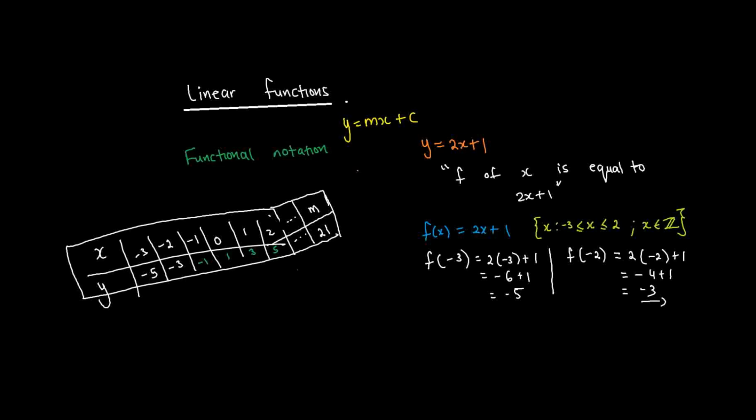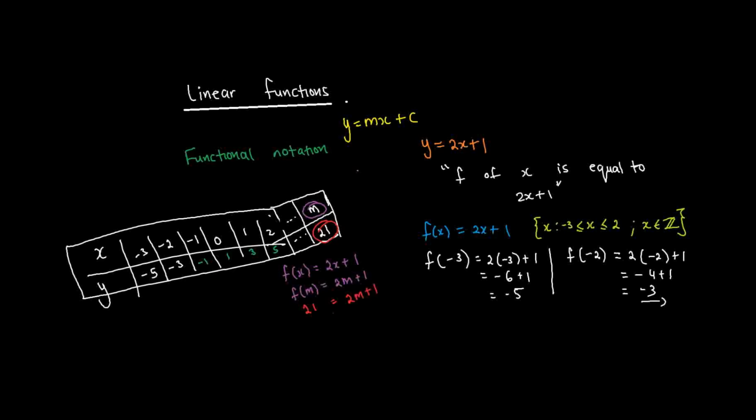To find m, we know that the equation is f of x is equal to 2x plus 1. So f of m is equal to 2m plus 1. I'm going to substitute m in the place of x because that is our x value. Now we need to find m. Do we know the value of f of m? Yes, that is our y value. It's 21. So 21 is equal to 2m plus 1.